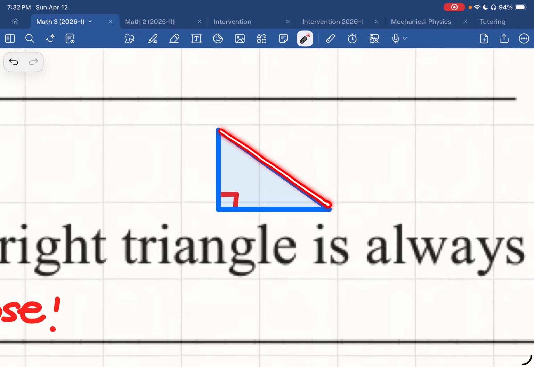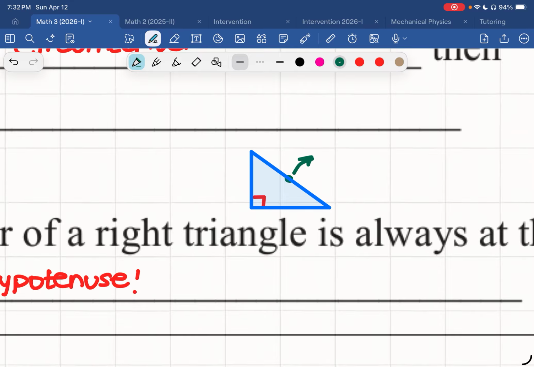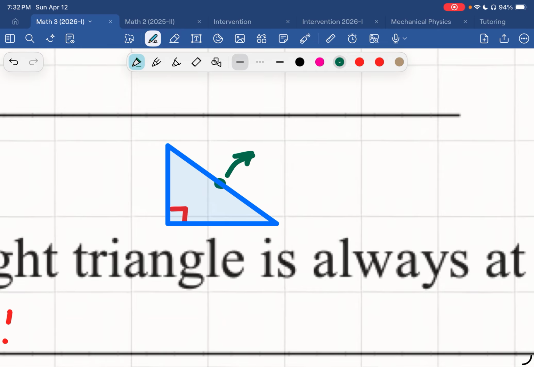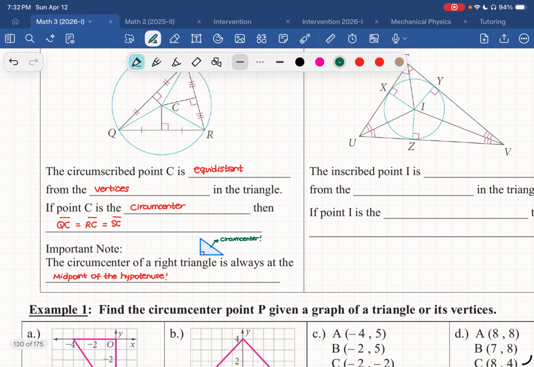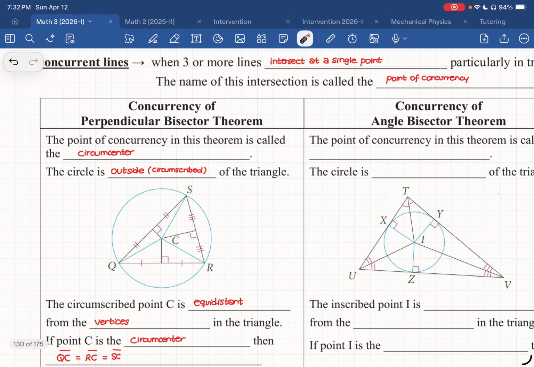So in this sketch, the midpoint is over here, and the circumcenter in this case is going to be this one. That's what concerns the concurrency of perpendicular bisector theorem.